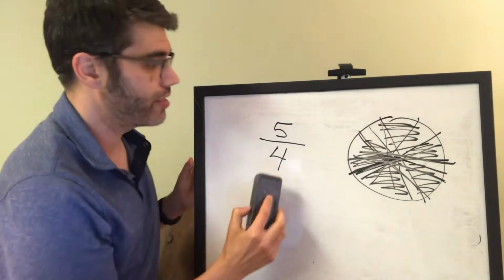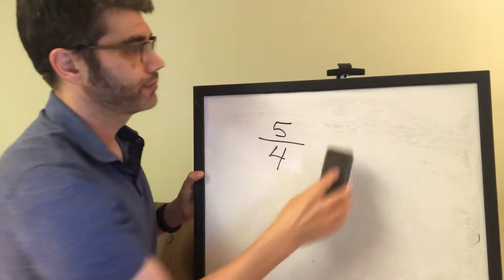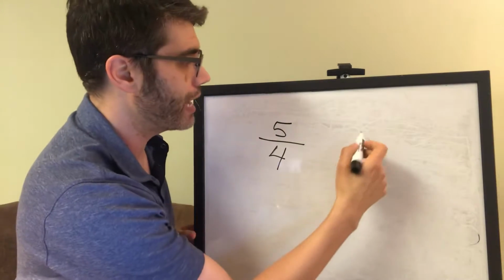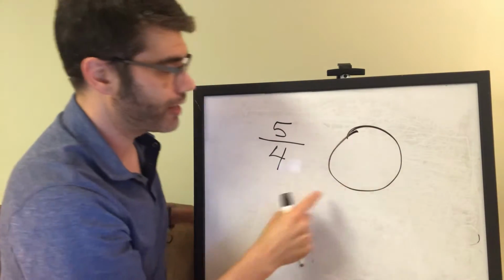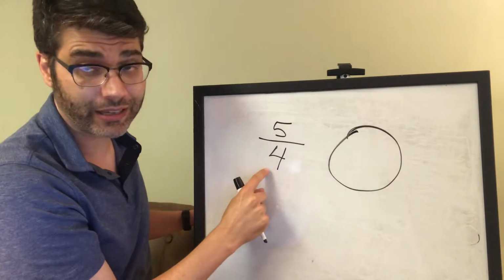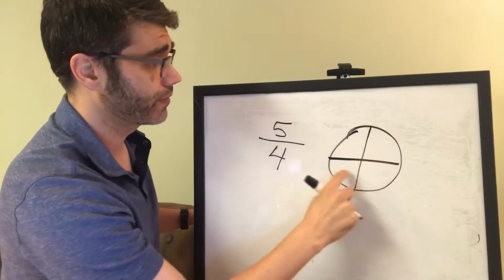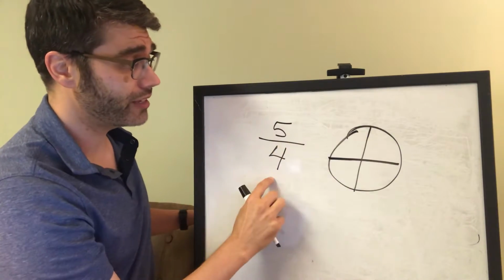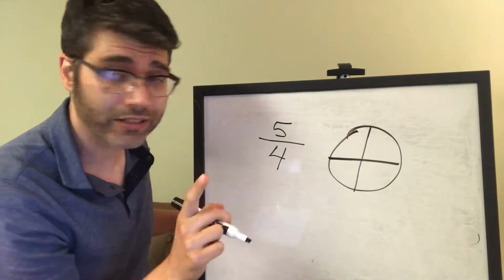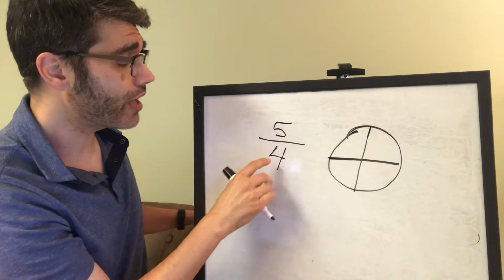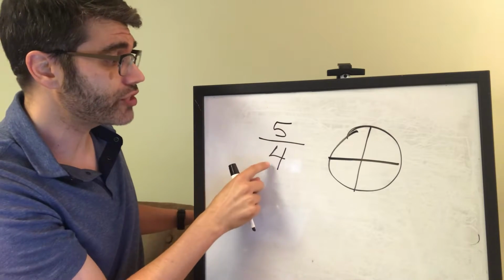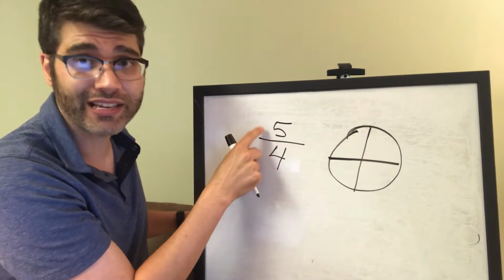So this fraction right here is being represented by, I have 1 slice of pizza, pizza that's divided into 4s. I have 4 slices, divided into 4 slices, plus I have not just 4 slices, but I have 5 slices.